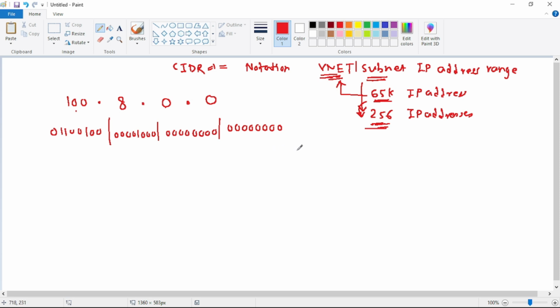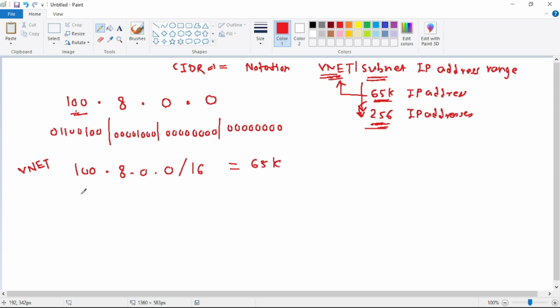Now if I want to use 65k IP addresses which are starting with 100.8, what I will say is, for this VNET I want to use 100.8.0.0/16, so it becomes 65k. So don't worry guys, I will explain how this calculation happens.